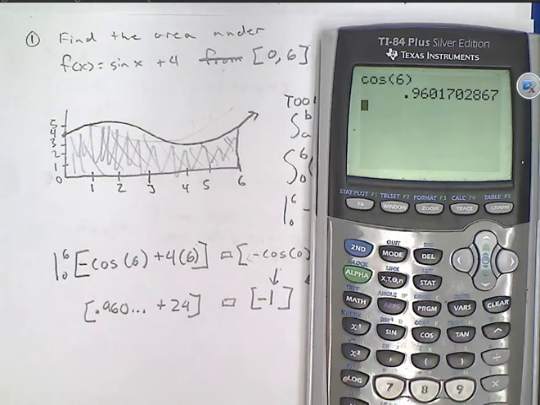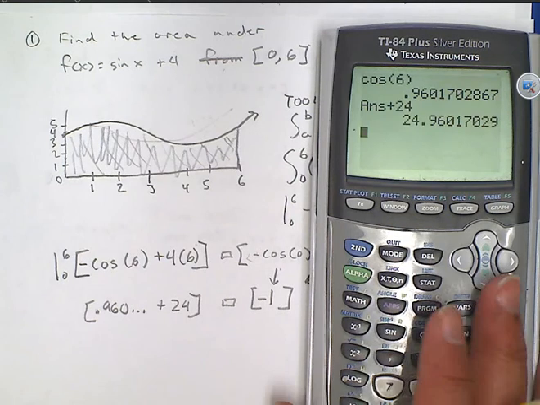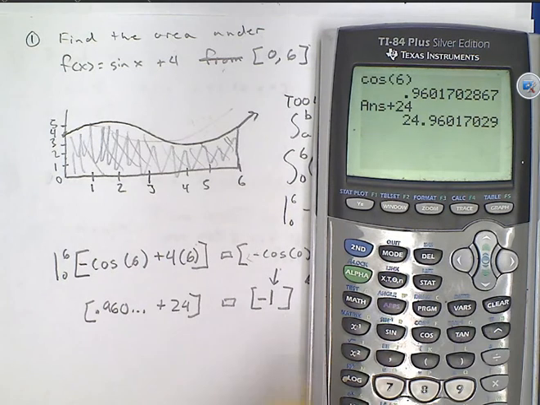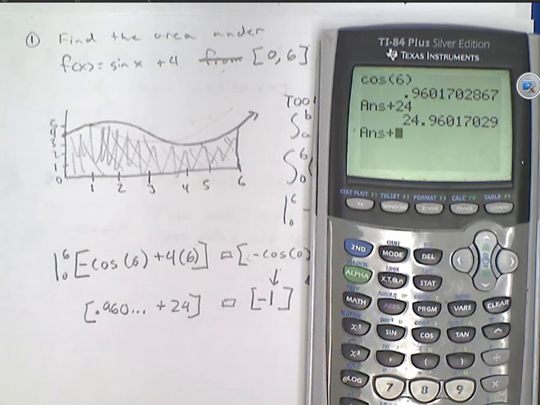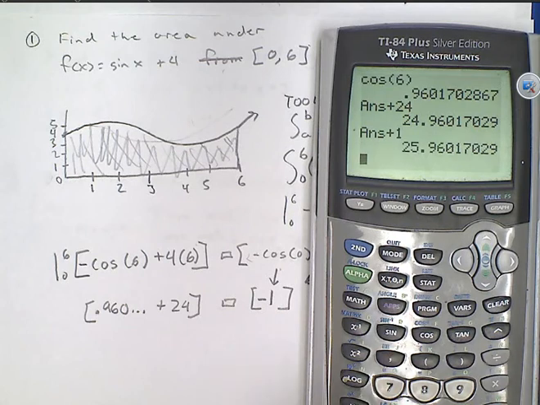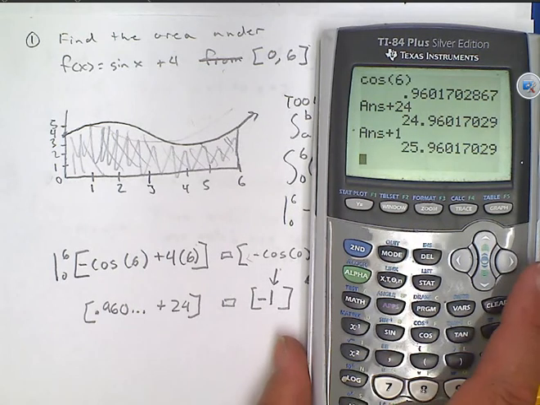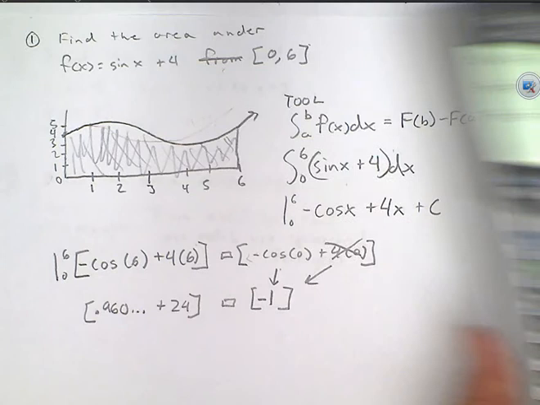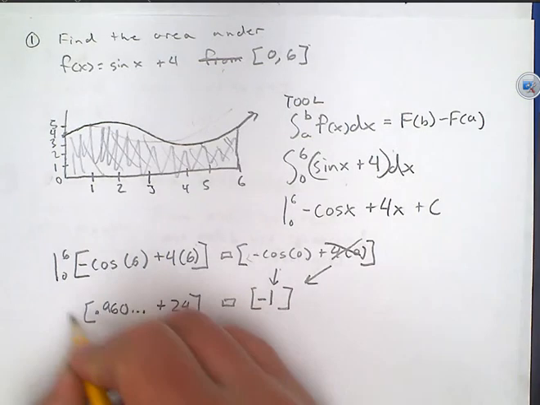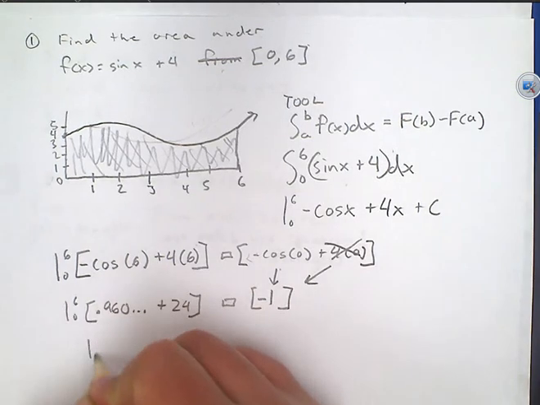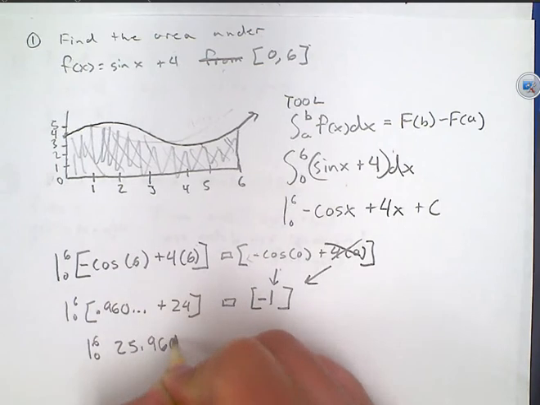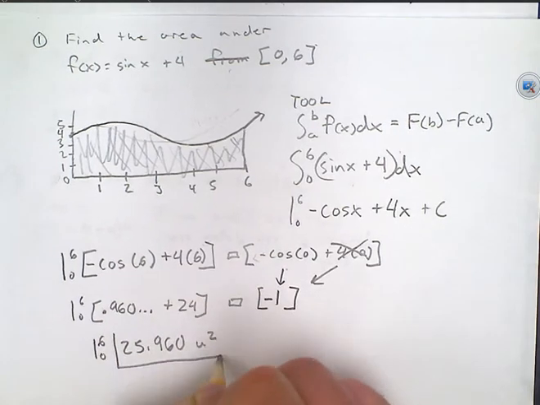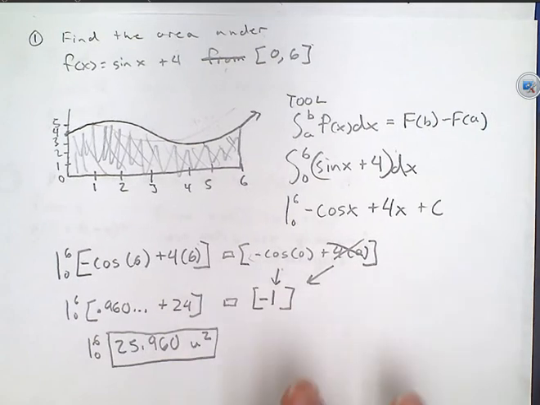Plus 24. Bam. And then minus negative 1, which is really plus 1. So plus 1. Bam. 25.960 units squared. There we go. That's number 1.